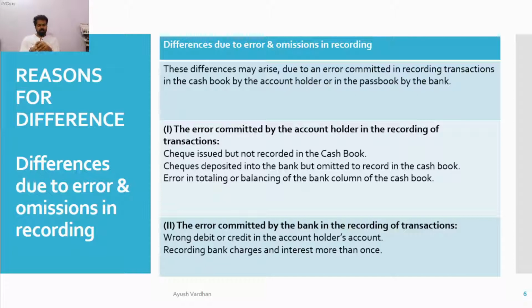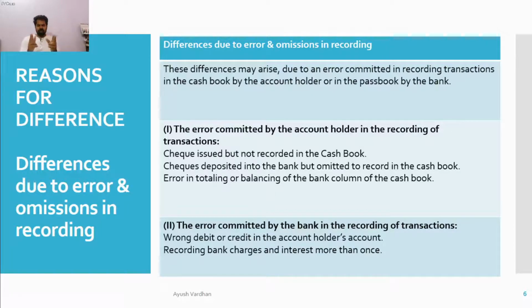You make a manual payment for that interest, but you have already authorized the bank to make that transaction by itself. So you have made the interest payment manually, and you see that the same amount has been charged again by the bank. Here you see two entries for the same thing. So this could be an error.